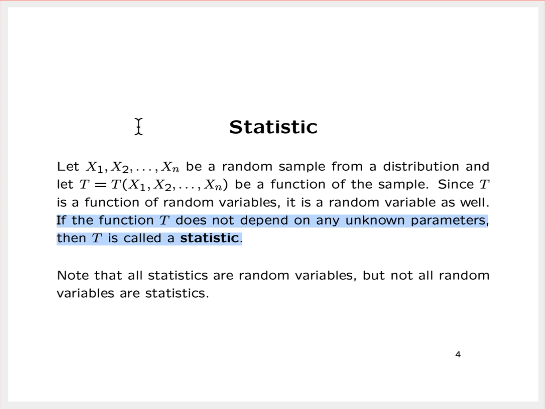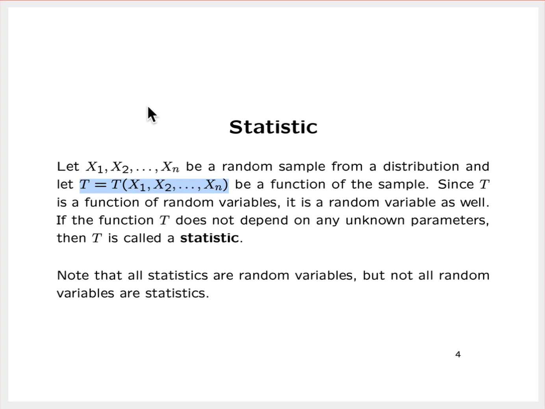We've got a random sample. This definition would actually apply to any collection of random variables, but we're going to be focusing on random samples. We've got a collection of random variables, and we're going to compute some statistic from those. We've got a function defined on those random variables.